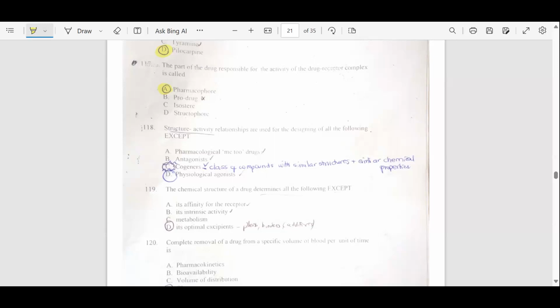In phase 0, also known as the exploratory phase, this phase involves a very small number of participants and is primarily focused on assessing the drug's pharmacokinetics and pharmacodynamics. Phase 0 trials are often exploratory and may not involve any therapeutic doses.